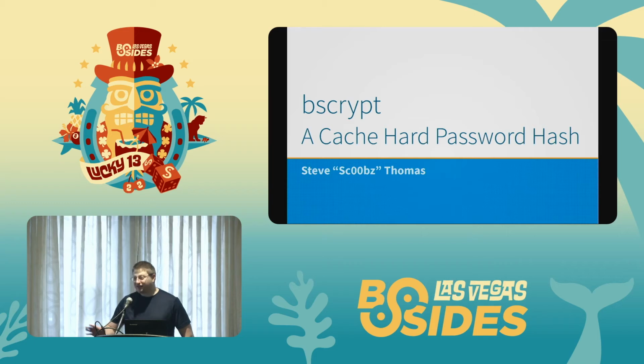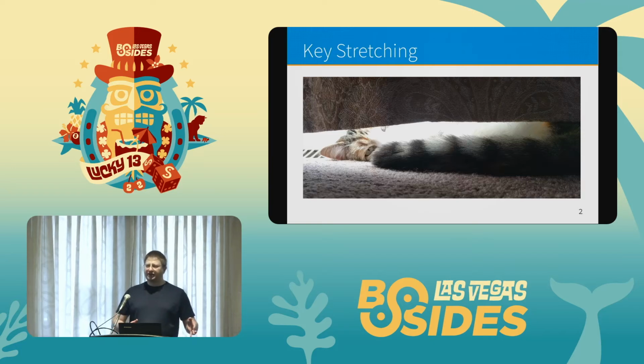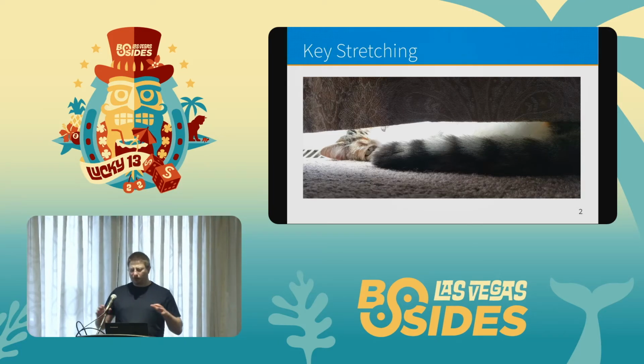Just for clarification, that's crypto as in cryptography. Okay, so bscrypt, it's a new password hashing algorithm and KDF. Password hashing and password KDFs fall under this umbrella of key stretching. Key stretching can be used for other things.